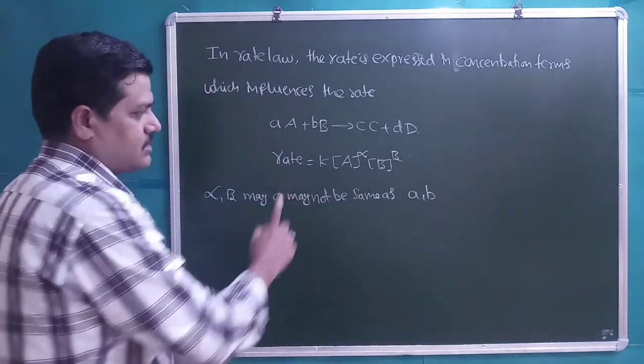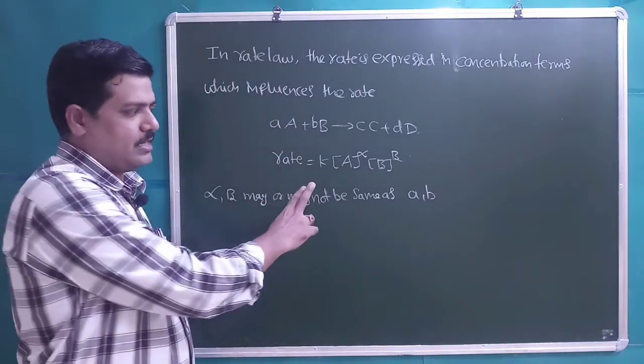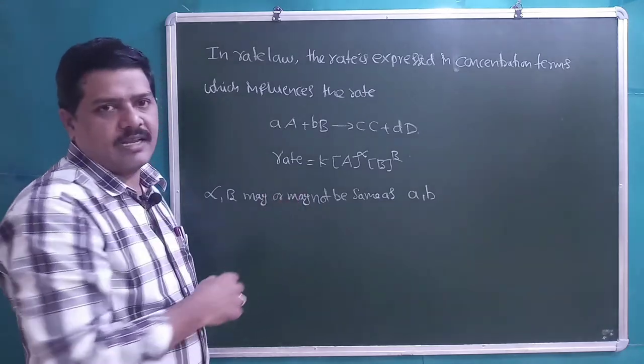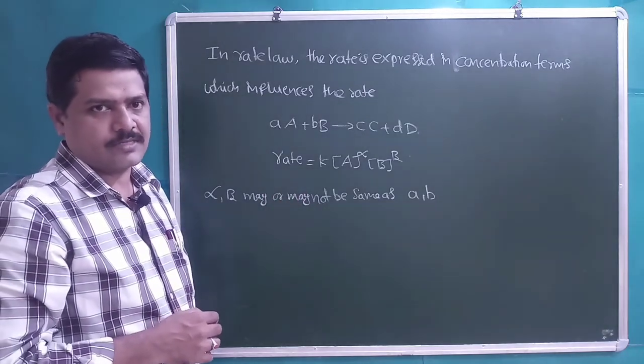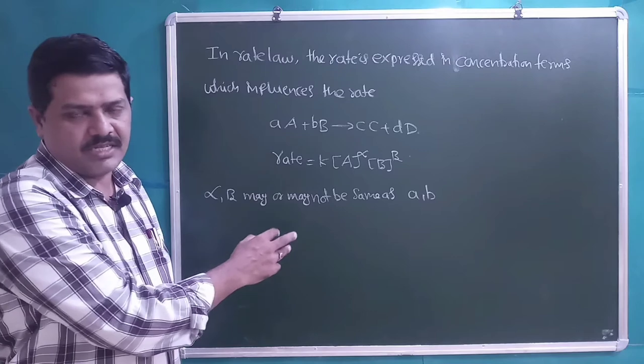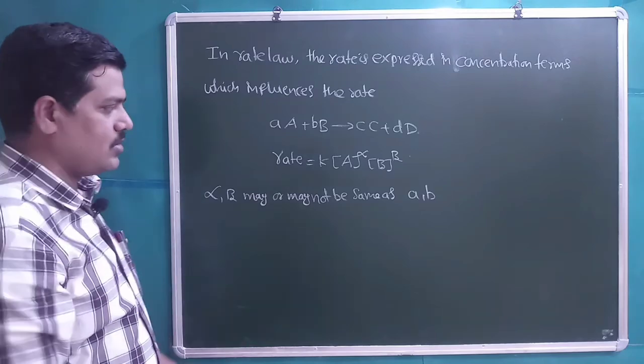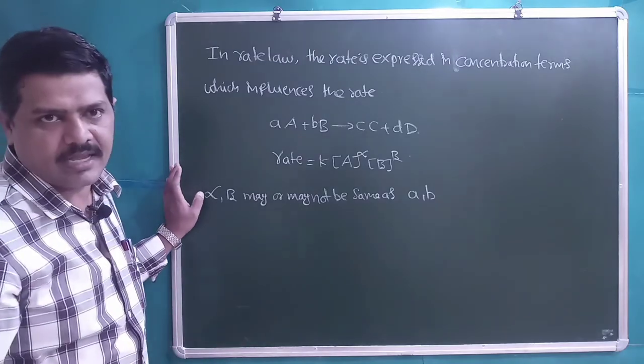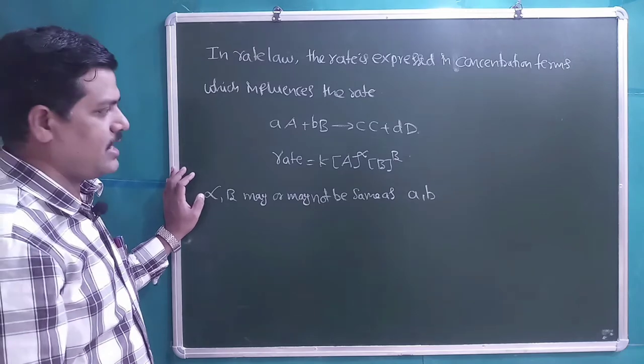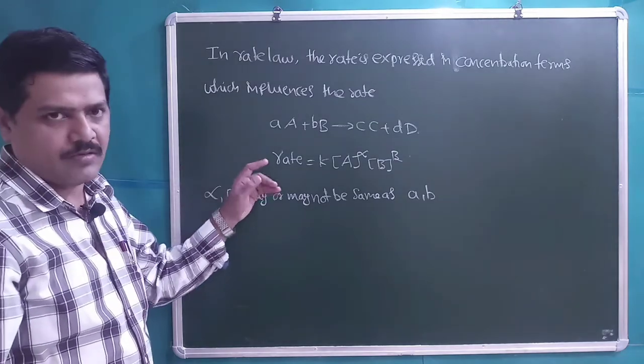Reactions can generally be classified into two types: elementary reactions and non-elementary reactions. Elementary reactions are those which occur in a single step. Non-elementary reactions occur in more than one step.